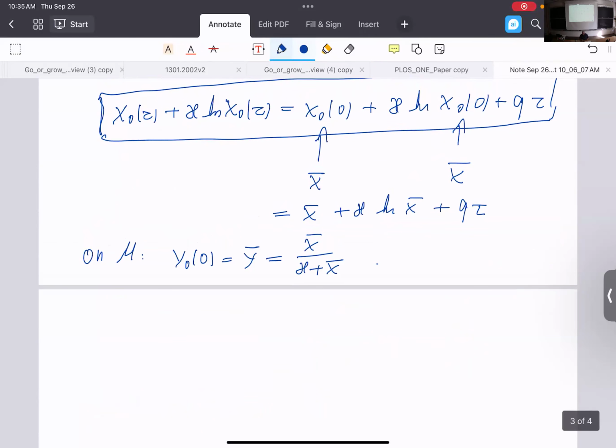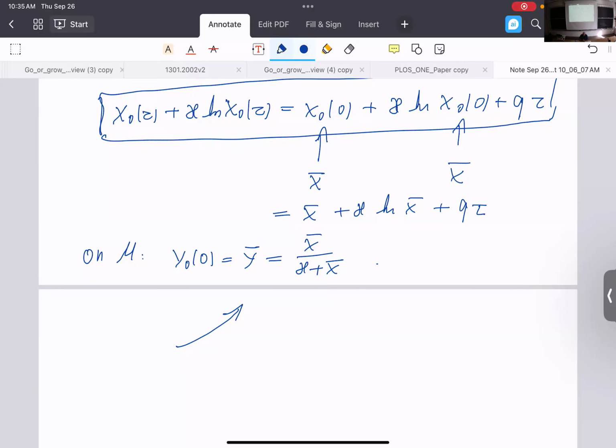Now, one thing happens here already. Remember, we have two differential equations. So typically, we would choose an initial condition for x and an initial condition for y. But here, we find that these initial conditions are related. They need to sit on M. And this is why this is called singular perturbation, because we lose a degree of freedom. We can only choose one.